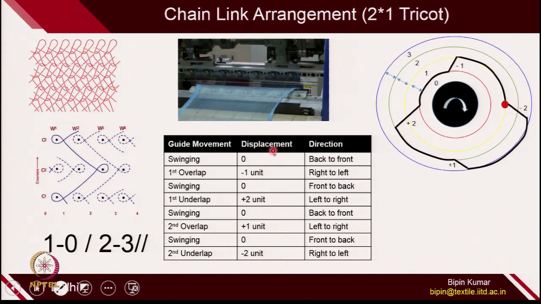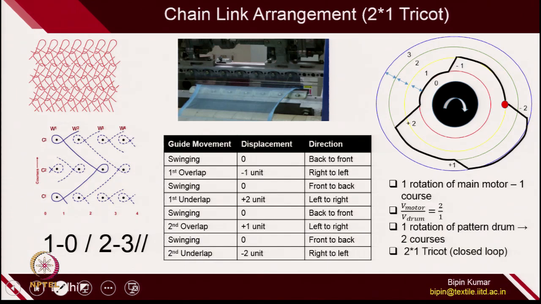Okay. So, in totality, if you see this particular structure, whenever the main motor is rotating, one course is being formed by one rotation of the main motor, and here one complete rotation of the pattern drum is actually creating two courses, because there are 4 swinging motions and 4 shogging motions happening.